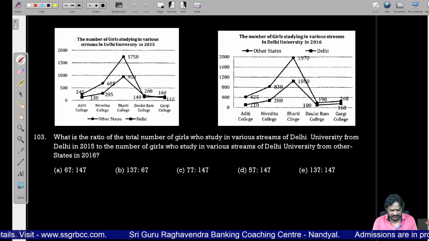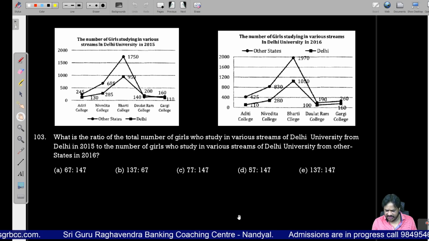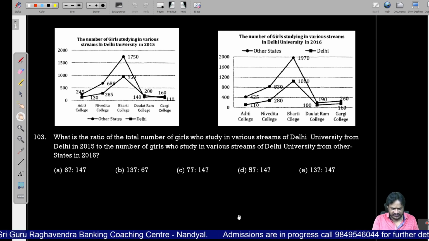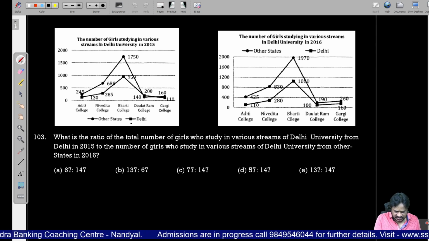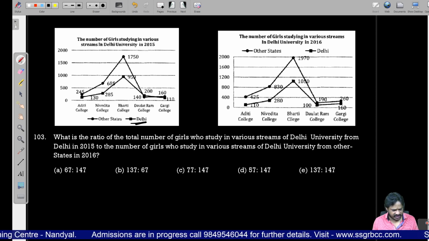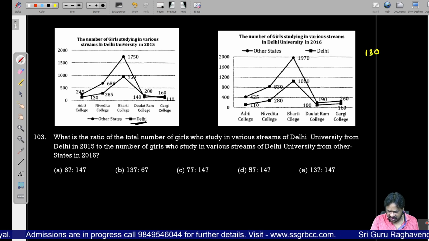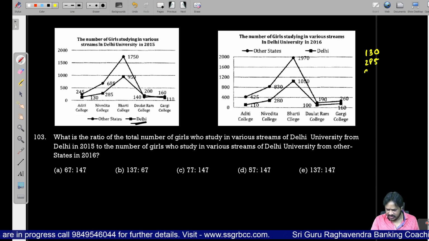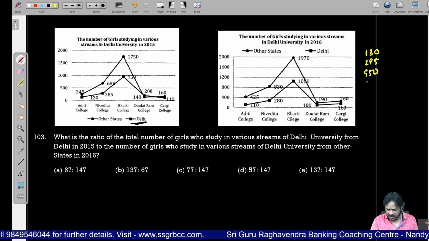Next question. What is the ratio of the girls who study in various streams of Delhi University from Delhi in 2015 to the number from other states in 2016? So, from Delhi, this is the value you have to take in 2015. All square values: 130, 285, 950, then followed by 200.